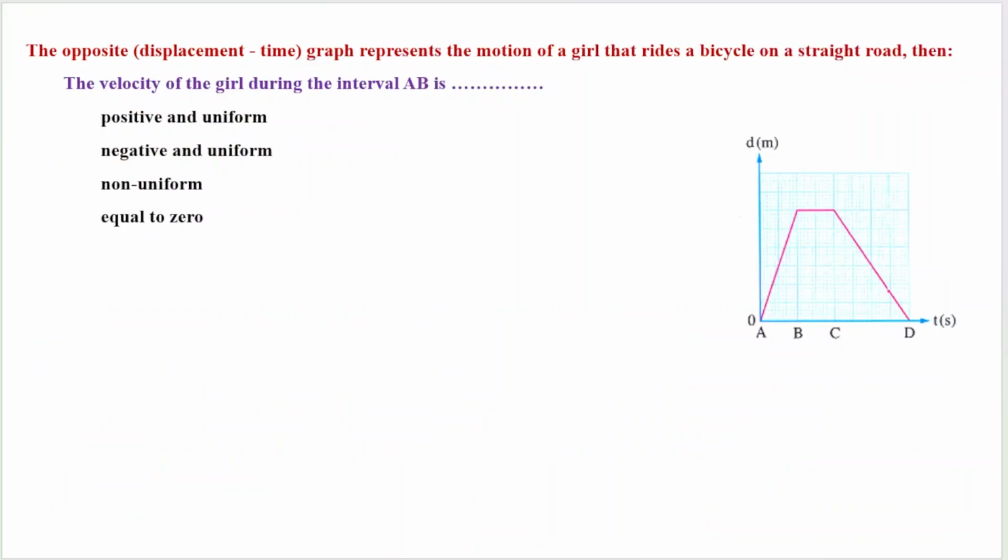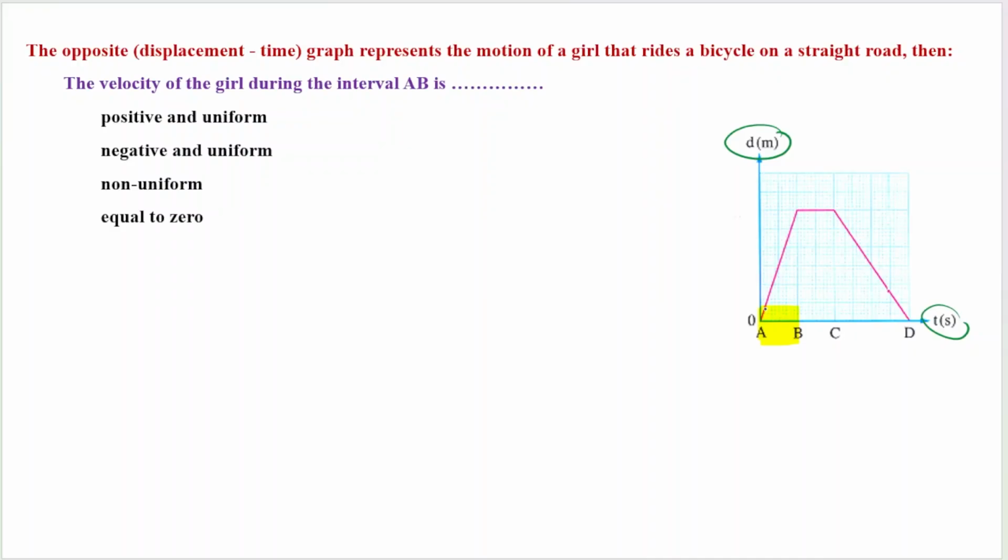Let's answer some questions. The opposite displacement-time graph, or you can say position-time graph, represents the motion of a girl who rides a bicycle on a straight road. Find the velocity of the girl during the interval AB. So we are interested in this interval only, from A to B, and we will ignore the rest.